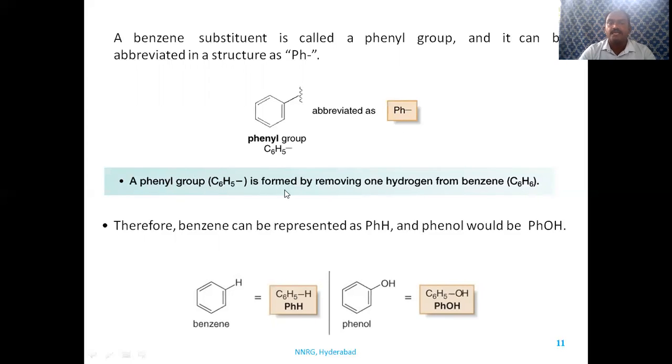So phenyl is formed by the loss of one hydrogen from benzene. C6H6 loses a hydrogen to become C6H5. Therefore, benzene can also be represented as PhH, and phenol can be represented as PhOH.